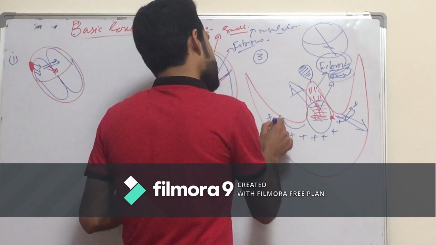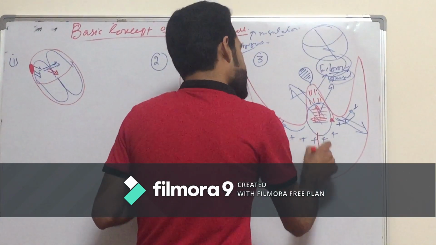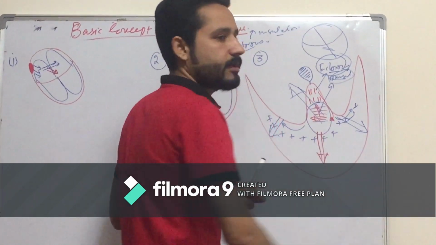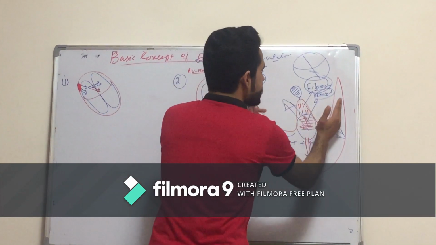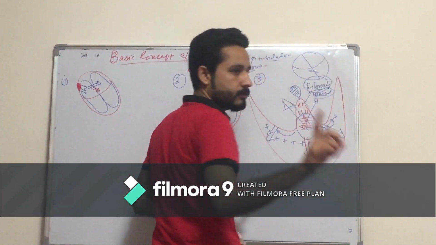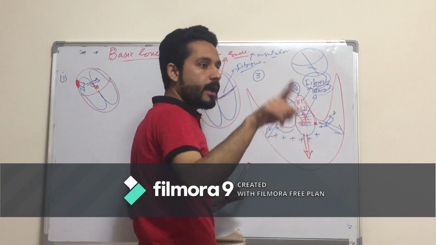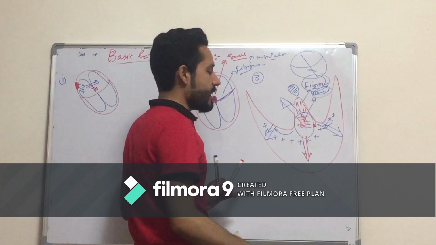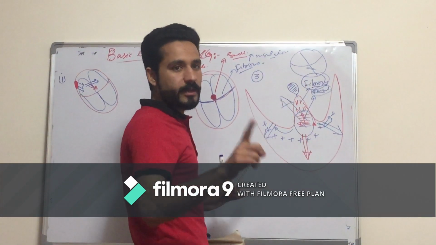The direction in this case is this one, and the direction in this case will be this one. It's simple. And after that, these electrical impulses will go towards the apex of the ventricles. So we can say the apex of the ventricles will depolarize first.